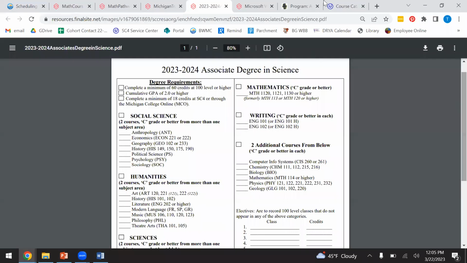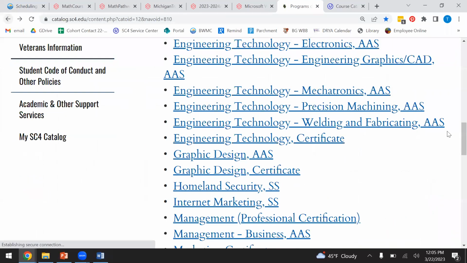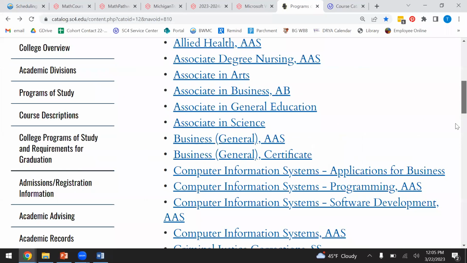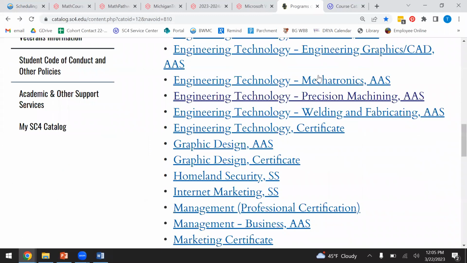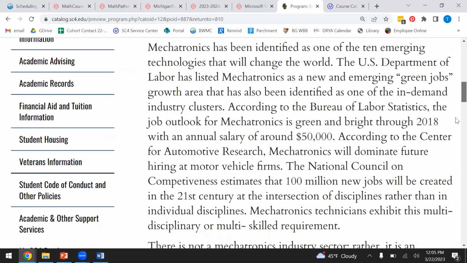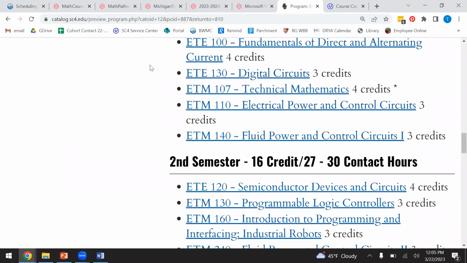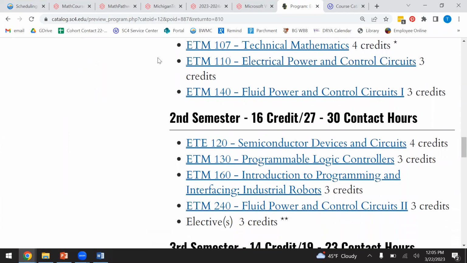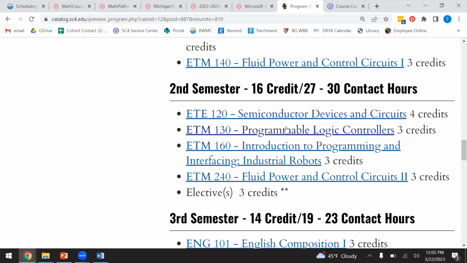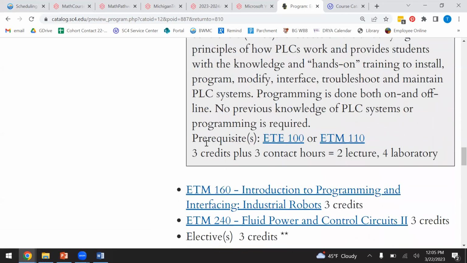When you are doing an applied degree, it's really important to look at what the prerequisites are. So for example, mechatronics, this is a degree where it's a very specific list of classes. You probably do want to try to work pretty much in the order that things are listed here, but you want to click on every single class and figure out what is the prerequisite.